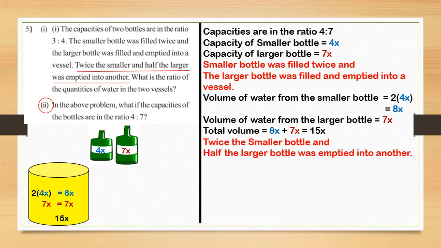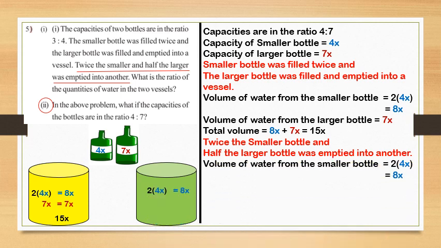Twice the smaller and half the larger was emptied into another. Then take another vessel. Here also we know 2 times water filled from the smaller bottle and half water from the larger bottle.